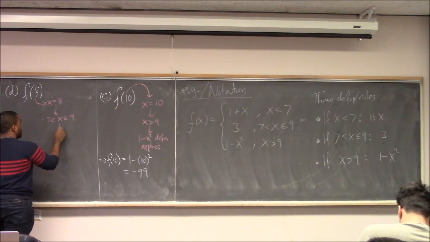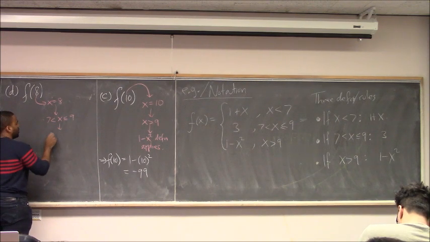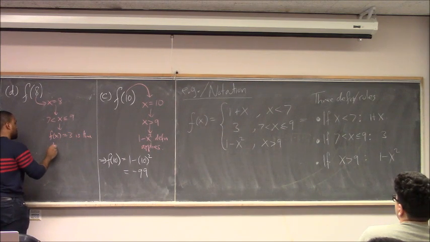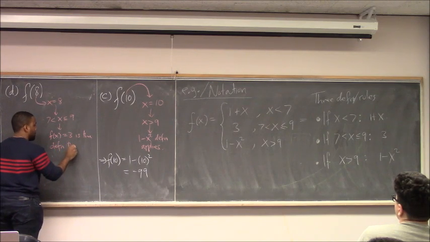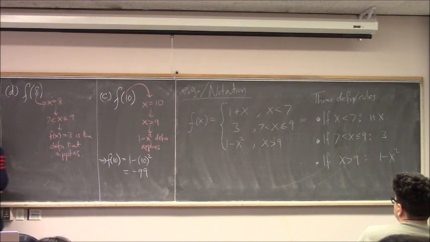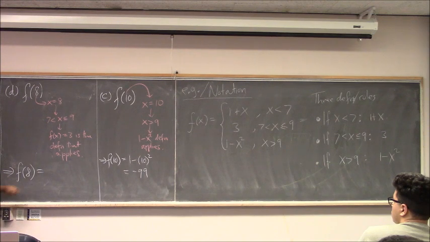So you know f of x equals 3 is the definition that applies. And so this means that f of 8 is 3. Just 3, right? That's a constant function. Notice that there's no x to plug in, and so it just stays the same.